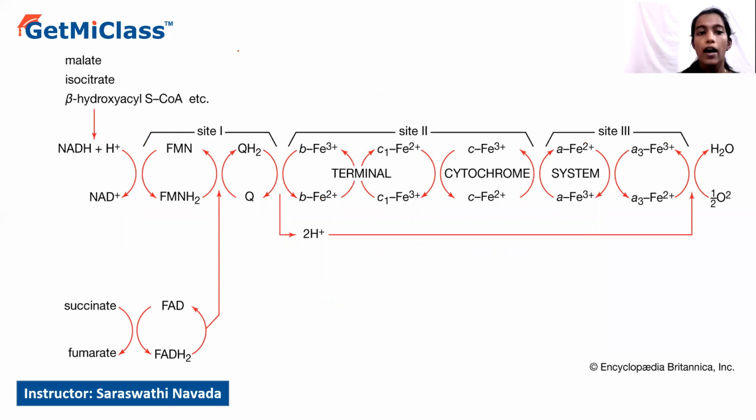In this process we can see a series of redox reactions, or oxidation reduction reactions, where the electrons released from the high energy compound undergo a series of oxidations as well as reductions, and finally that is coupled with the energy release.